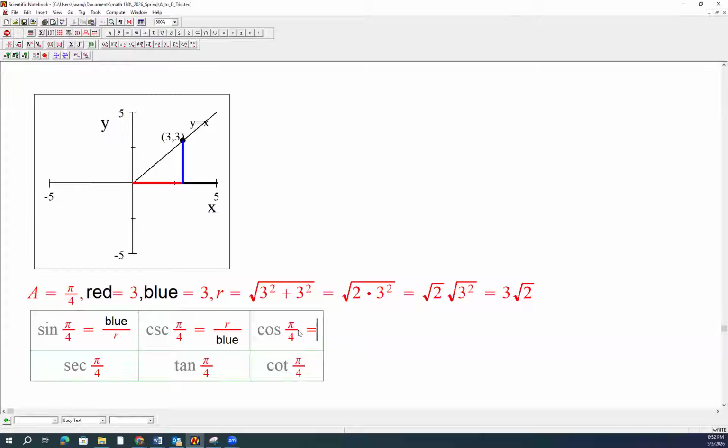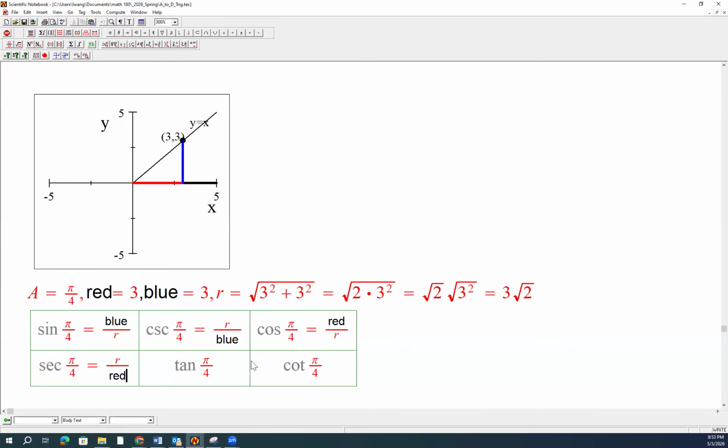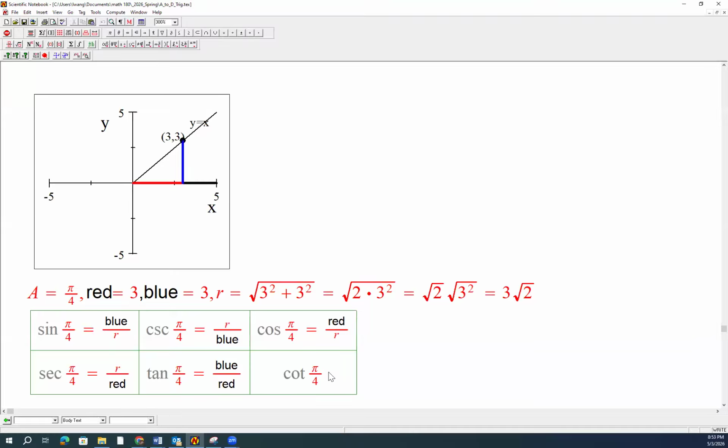Cosine is red over R. Secant is R over red. Tangent is blue over red. And cotangent pi over 4 is red over blue. You can see all you have to do is just plug in those numbers, right?